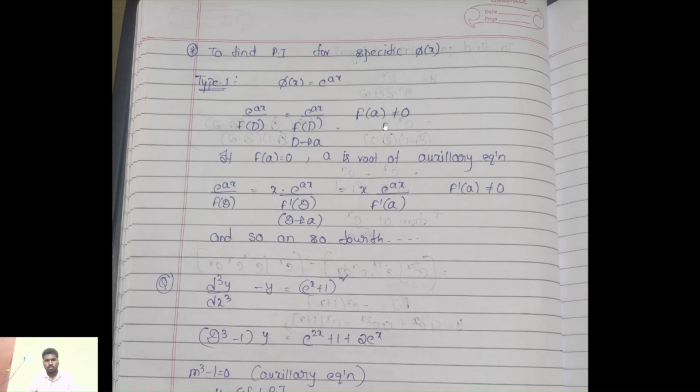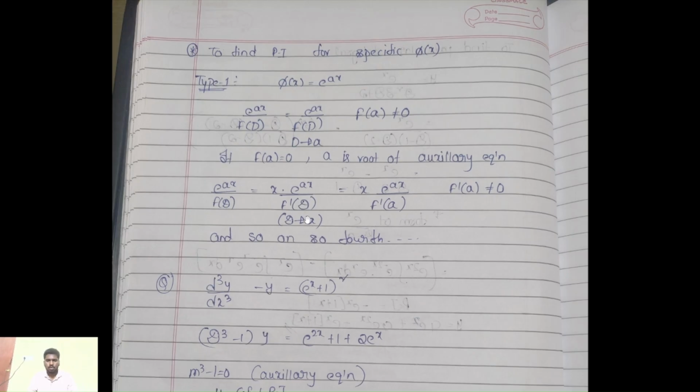If f of a is not equal to 0, then this particular integral value is e power ax by f of a. If in case f of a is 0, meaning a is a root of the auxiliary equation, then we have to write x into e power ax by f dash of D.